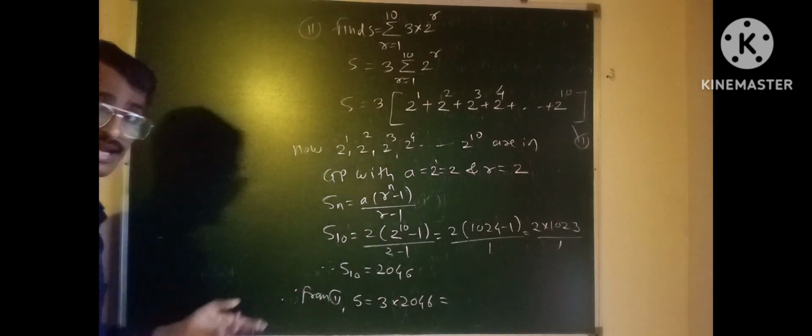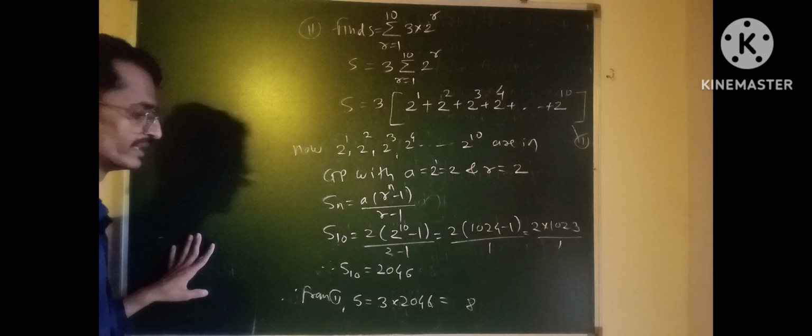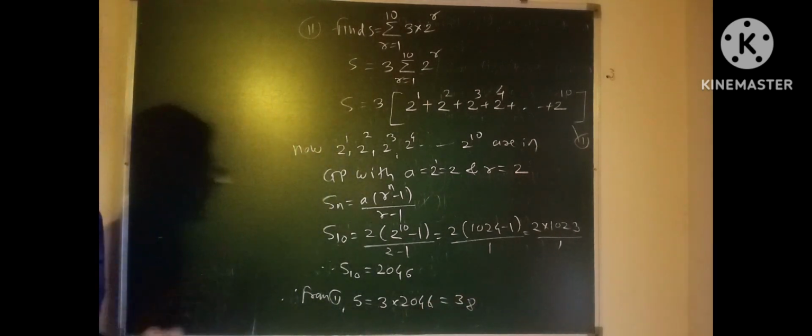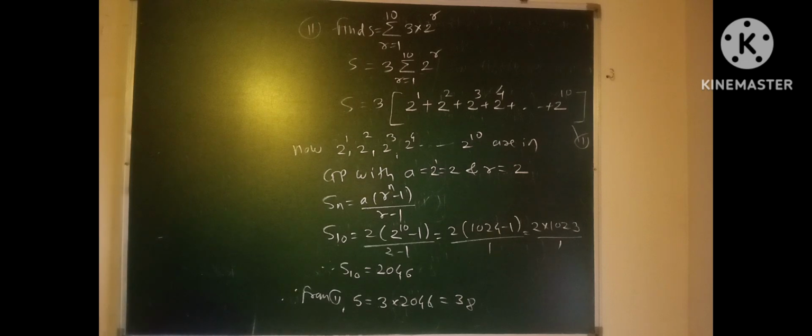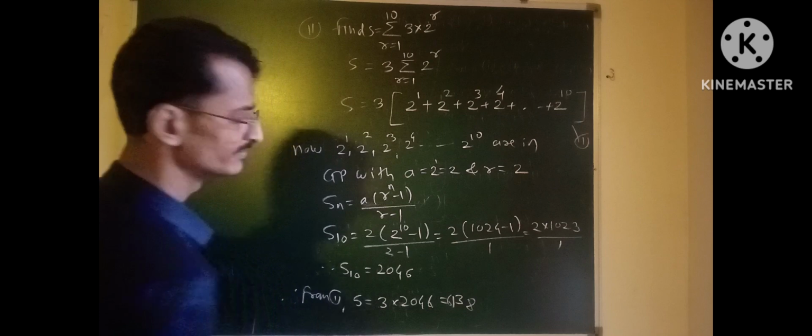Multiply this and find the answer. 3 6s are 18, 4 3s are 12 and 1 is 13. Now what is the answer of this? 6138.